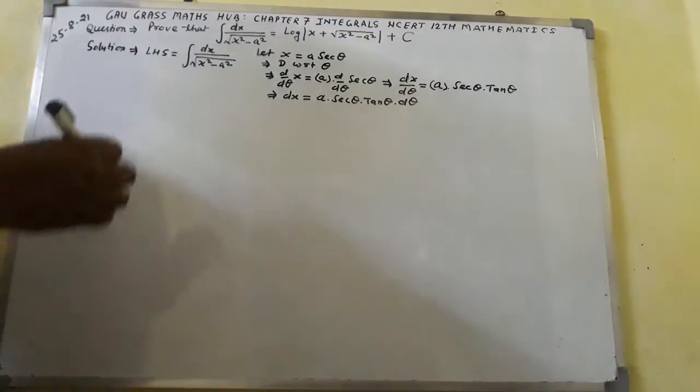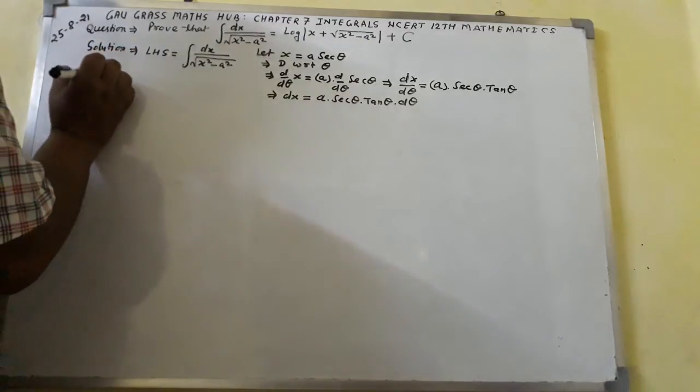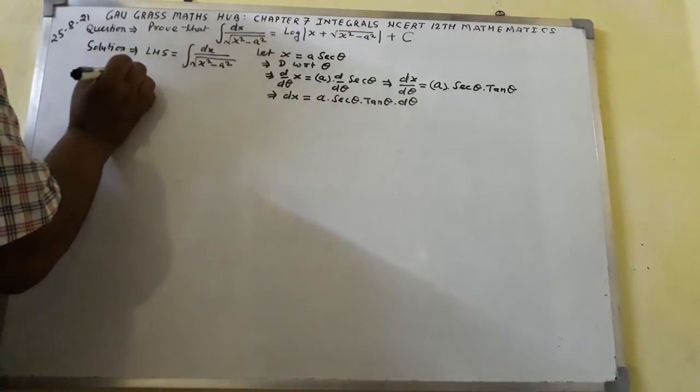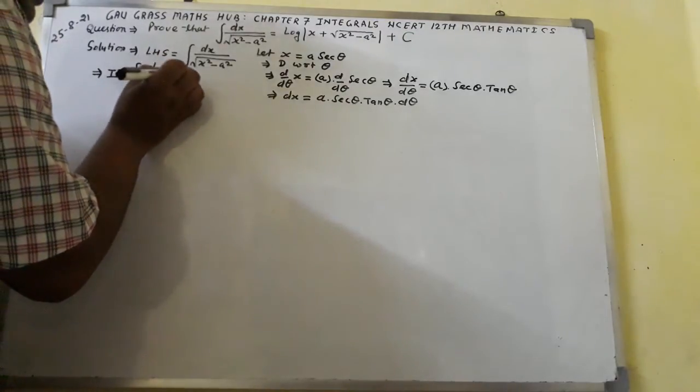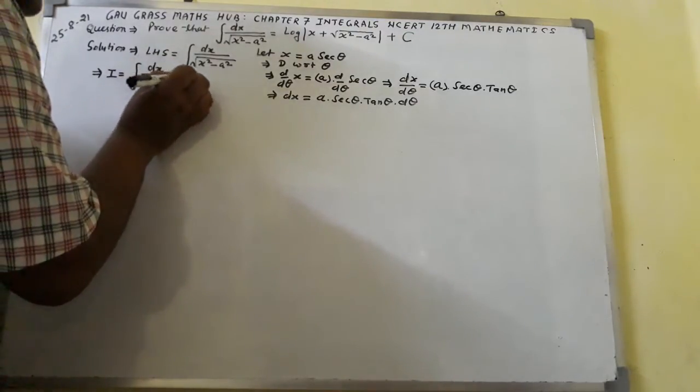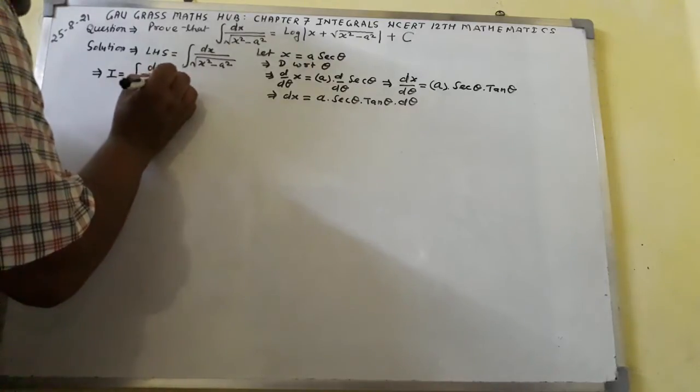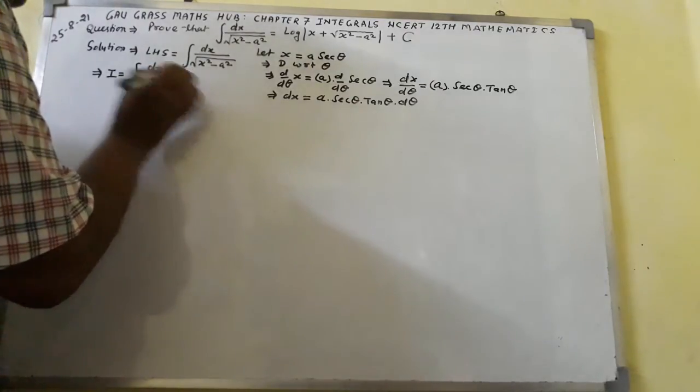Now put the value here. I shall write I equal to the integral of dx over under root x square minus a square.